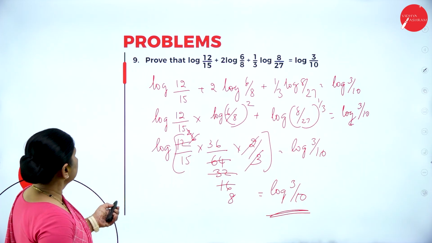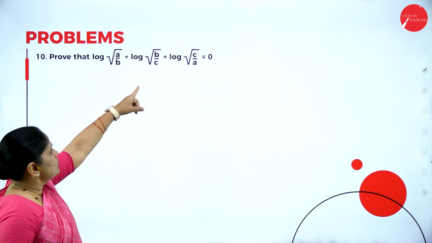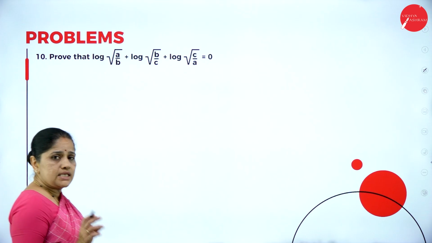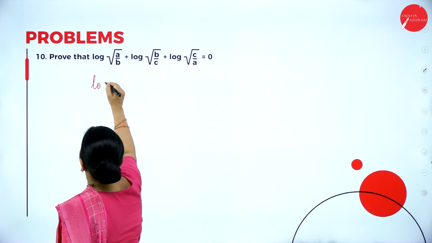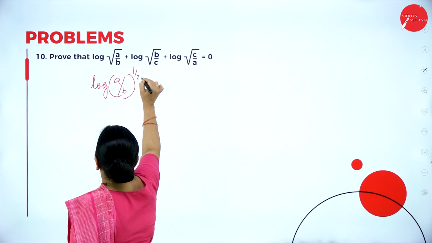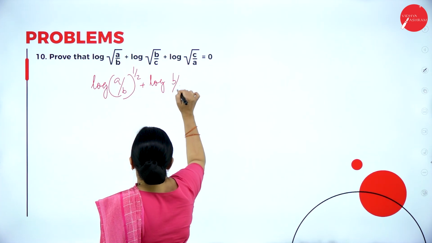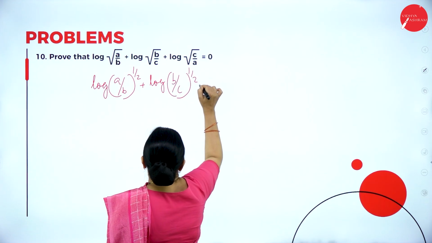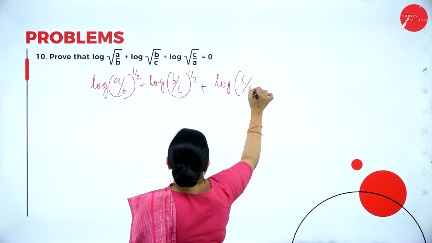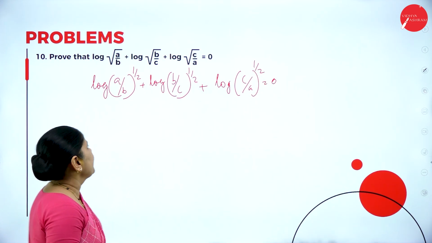The next one, prove that root of log a by b plus root of log b by c plus root of log c by a equals 0. So this can be written as log a by b to the power half plus log b by c to the power half plus log c by a to the power half equals 0.